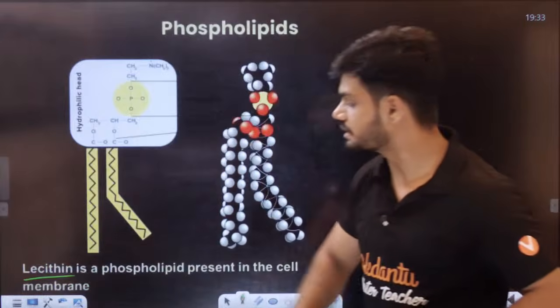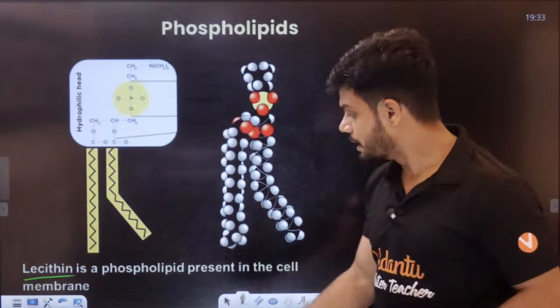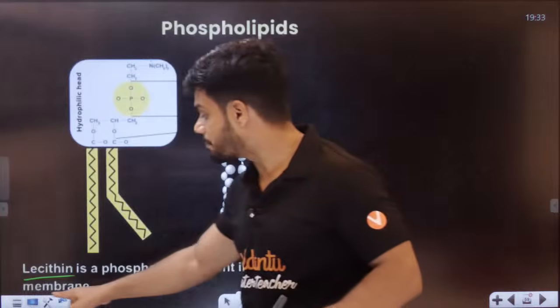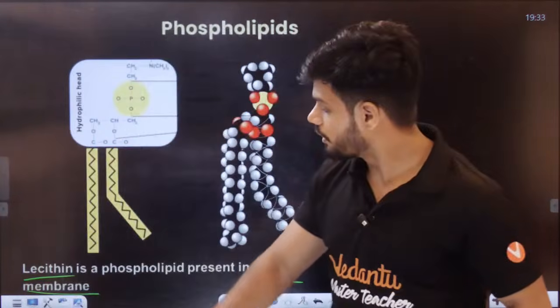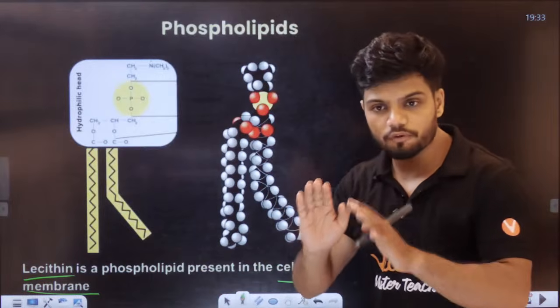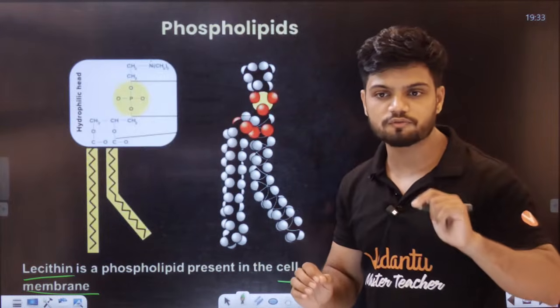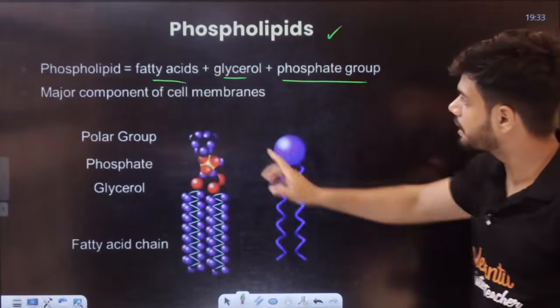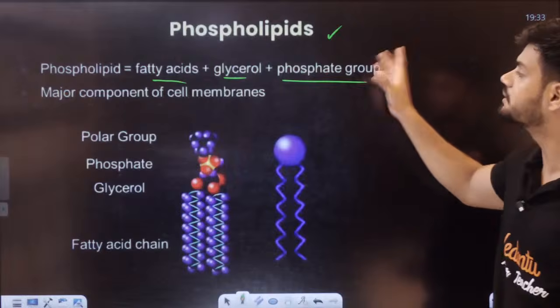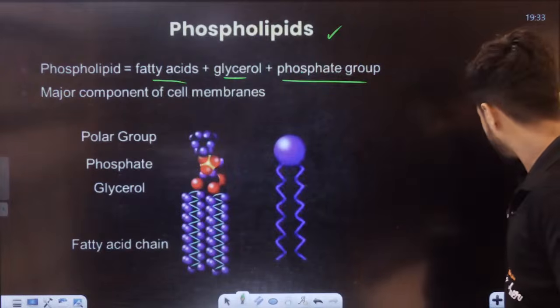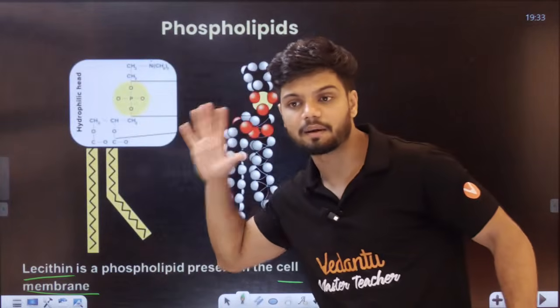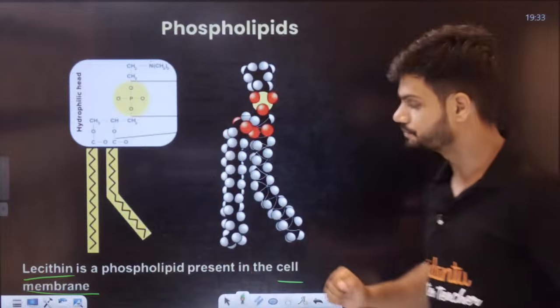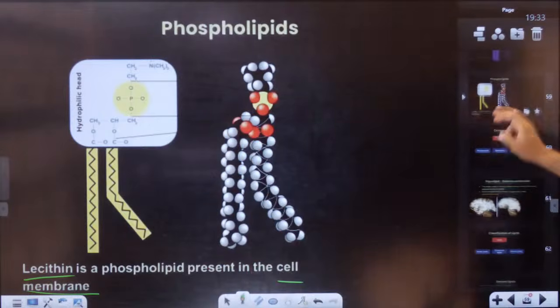Lecithin is a phospholipid present in the cell membrane. So phospholipid is a lipid made up of fatty acid plus glycerol plus an additional group, here phosphate. Lecithin is an example, students.